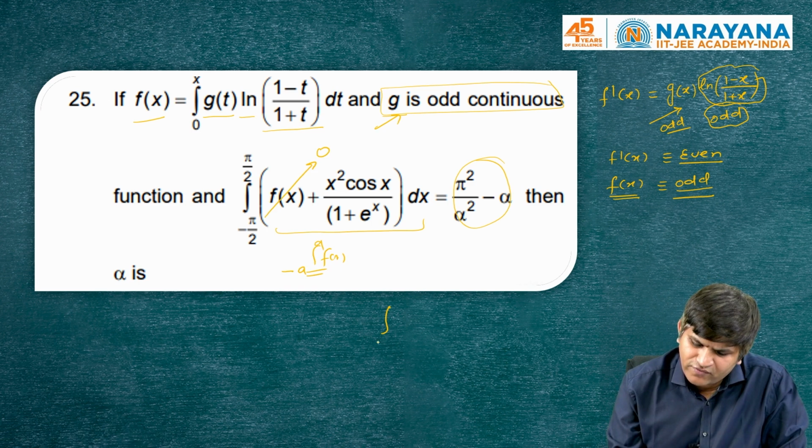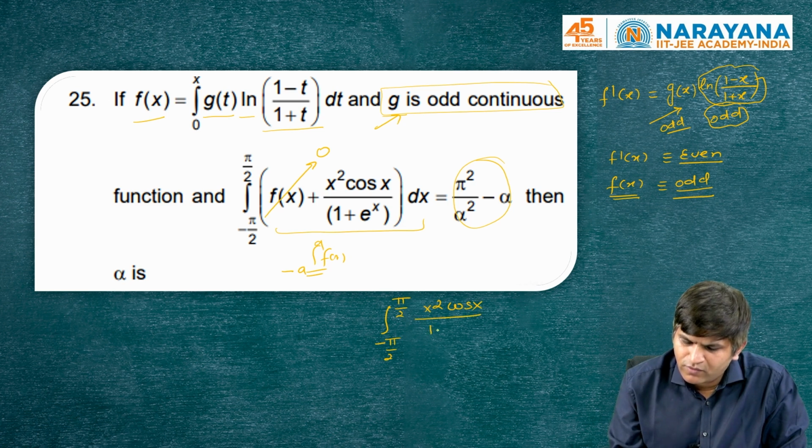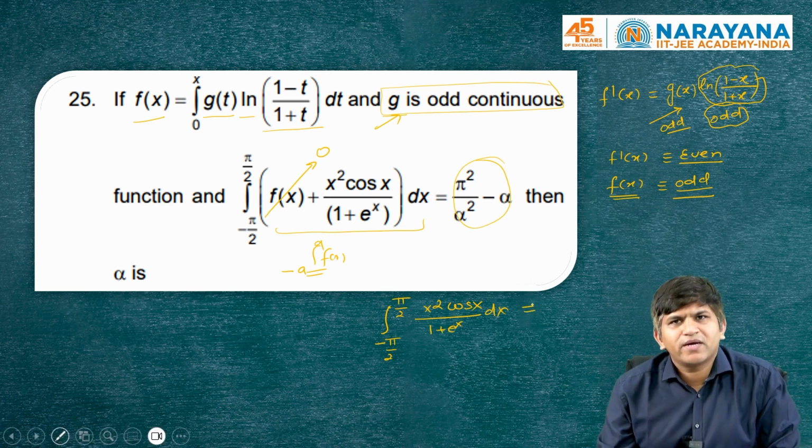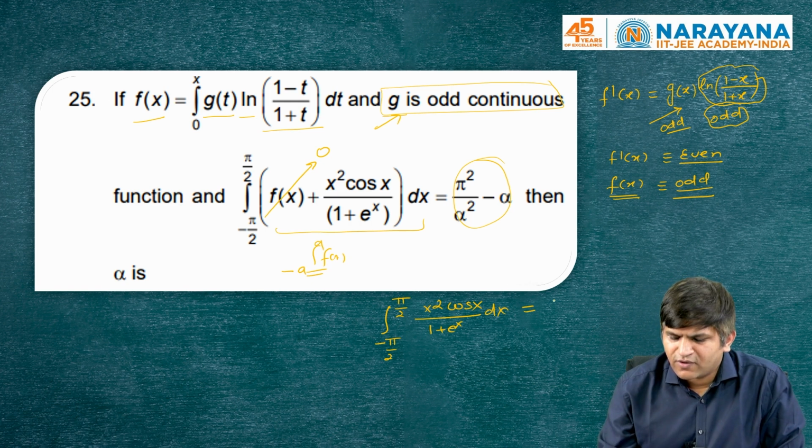So now we have to evaluate the integral from minus pi by 2 to pi by 2 of x square cos of x upon 1 plus e power x dx. After solving this, we have to apply by parts. So after solving this, we will be getting alpha square by 4 minus 2. So alpha is 2.